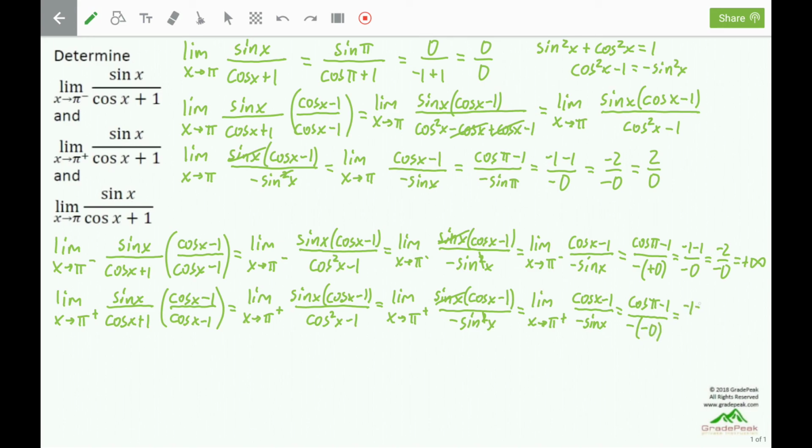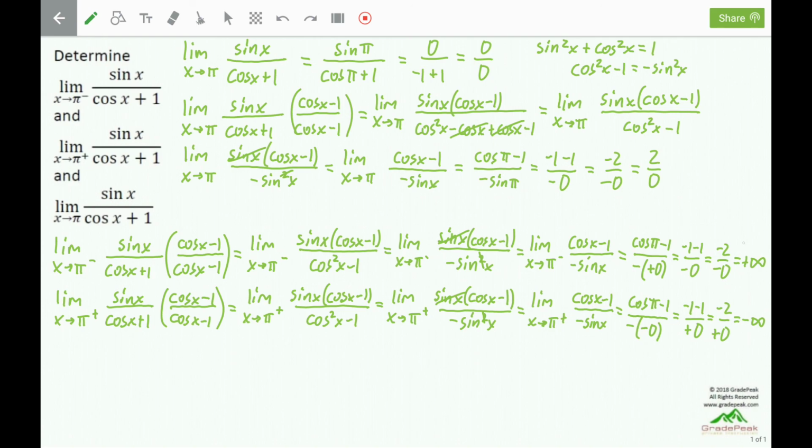Cosine of pi is a negative 1 minus 1 over negative times negative is positive 0, which will give a negative 2 over a positive 0. Negative over positive is negative. Non-zero over 0 is infinity, and there's the result of the right-sided limit.